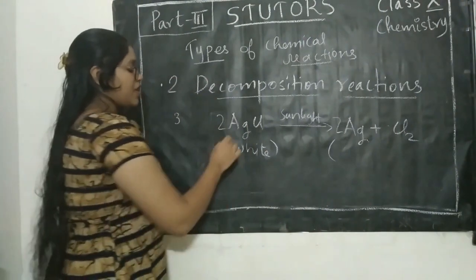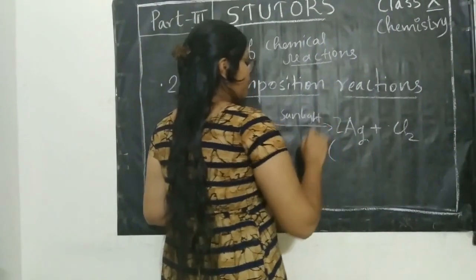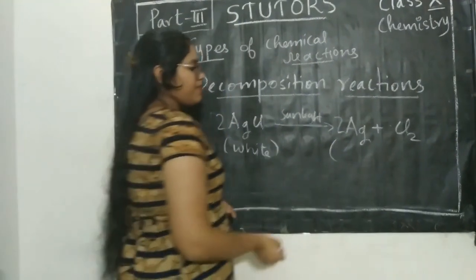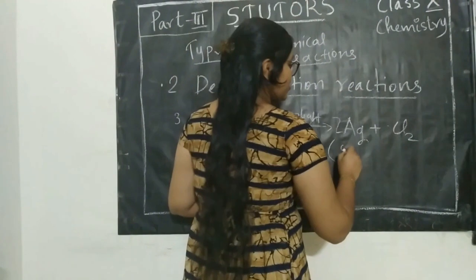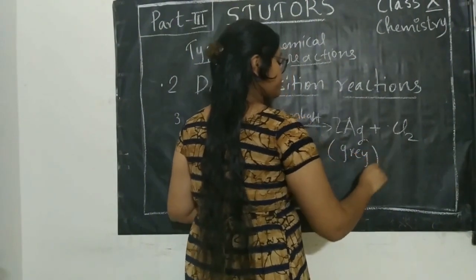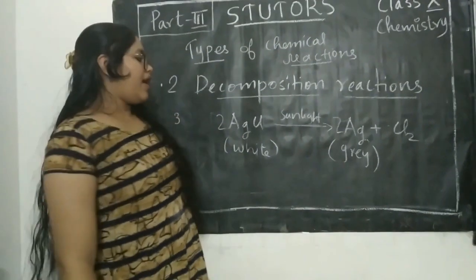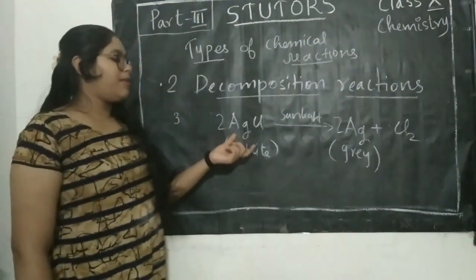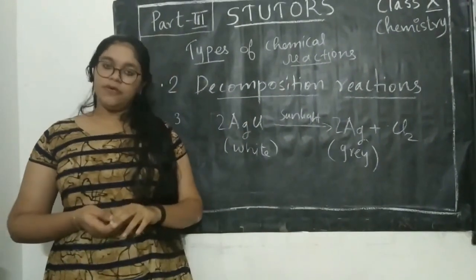Before the reaction, silver chloride is white in color, and when we place it in sunlight, we get Ag plus Cl2, where Ag is grey in color. So there is a change in color from white to grey, and here a single substance is decomposed into two products in the presence of sunlight. So this is a decomposition reaction.